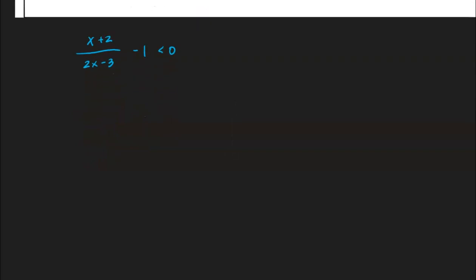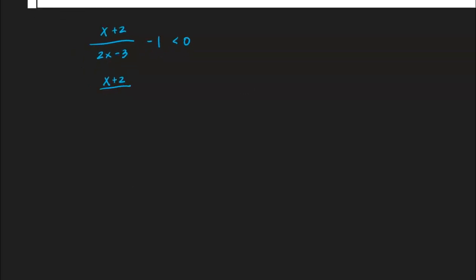We always have to have one of the sides be 0. Common denominator will be 2x minus 3 over 2x minus 3. So x plus 2 minus (2x minus 3), all over 2x minus 3, is less than 0.